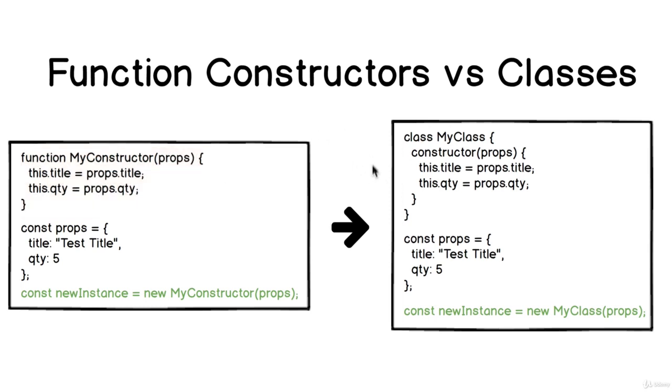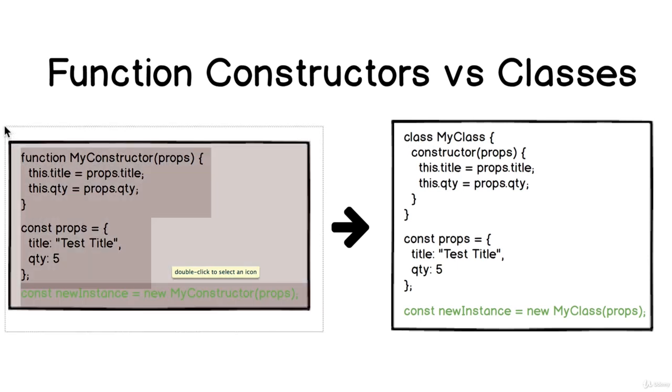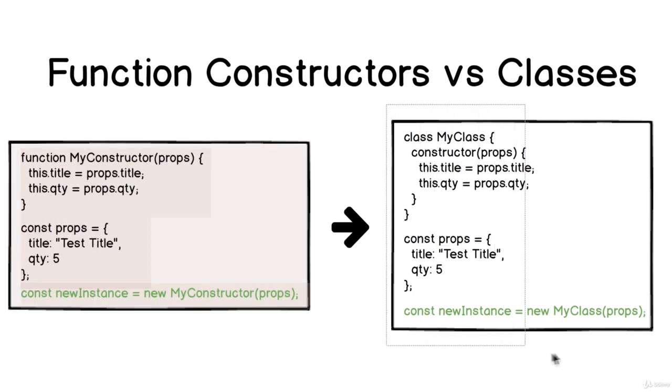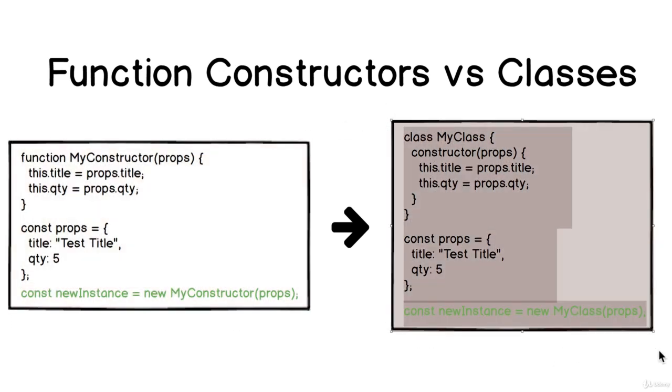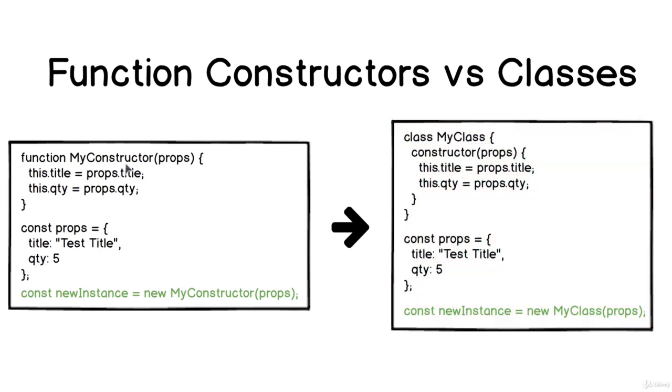Let's now summarize. In those two blocks of code you perform the same action. You create a new prototype chain, and it is in this case myConstructor object null, and in this case it is myClass object null. And when you create an instance of myConstructor or myClass, this instance will point to exactly the same prototype.